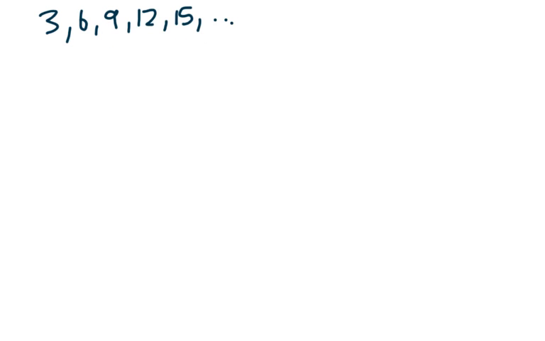We typically call the terms of a sequence A with different subscripts. So the first term is going to be A with the subscript 1, and the second term will be A with the subscript 2. Each of these subscripts tells you which term you're talking about.